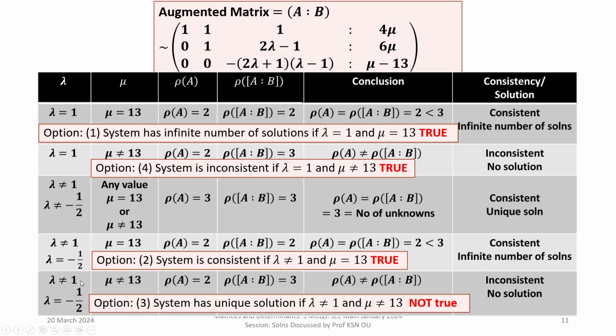But here you have lambda not equal to 1, mu not equal to 13, and the claim that it will have a unique solution is wrong.